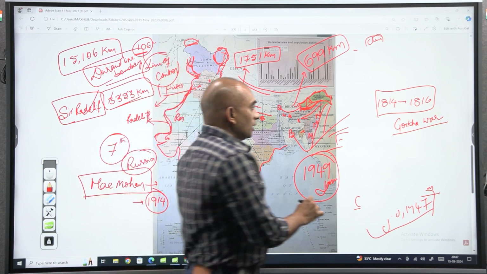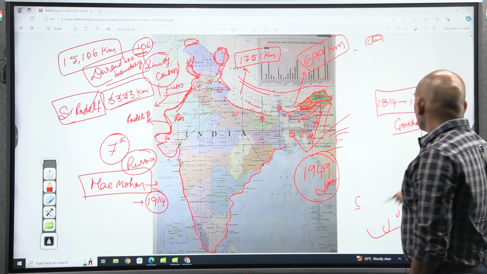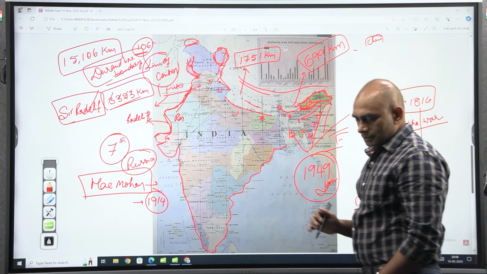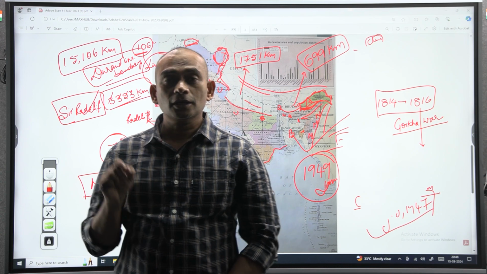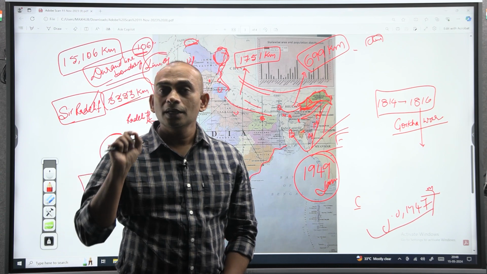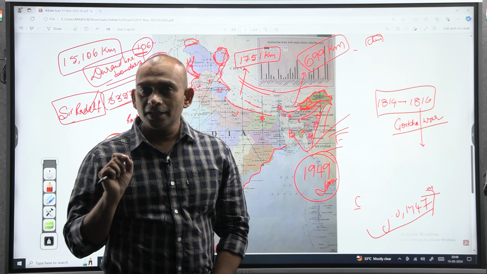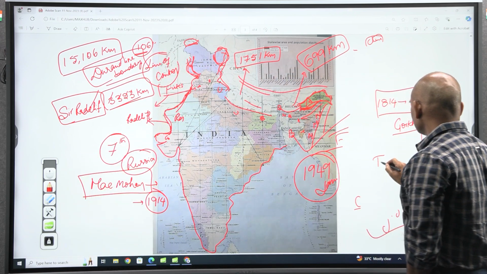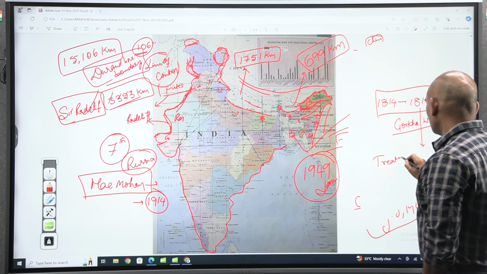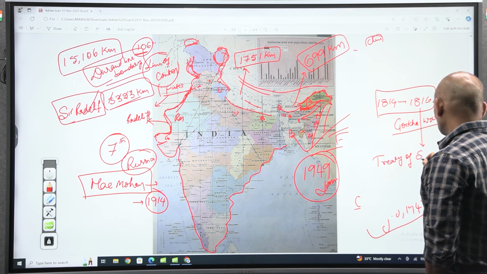In the year 1816, this war came to an end after the conclusion of one treaty. That treaty is known as the Treaty of Sagauli.